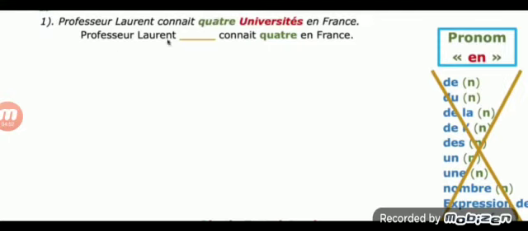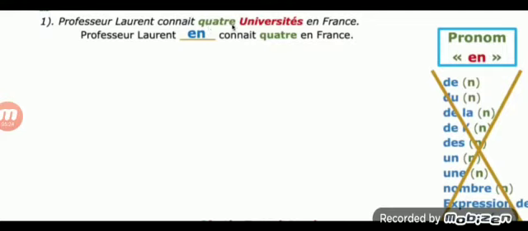That is, Professor Laurent knows 4 of them. So en is placed there. Instead of repeating the same things in the answer also, you can use the pronoun en. University is replaced by the pronoun en.